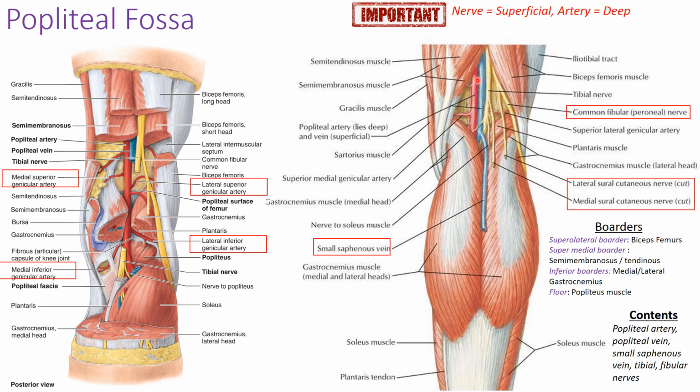So that's most superficial. The next structure we see in the popliteal fossa, as we're going deep, is going to be the vein. This is your popliteal vein. Remember that this used to be the femoral vein as well as the femoral artery, but they changed names when they go through the adductor hiatus, which enters into the popliteal fossa. So here we go, popliteal vein, and you'll see that the popliteal vein has a vein running into it called the small saphenous vein.